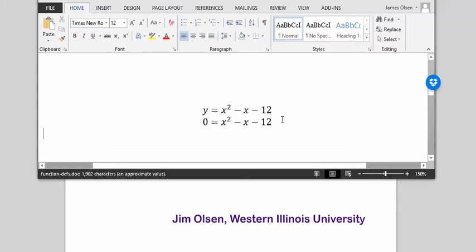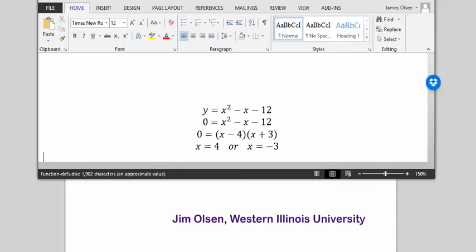We do that by factoring. So let's go ahead and factor x squared minus x minus 12. We factor it into x minus 4 times x plus 3, which gives us two solutions. X equals 4 is a solution, and also x equals negative 3 is a solution.